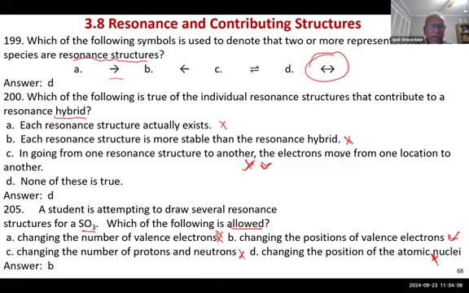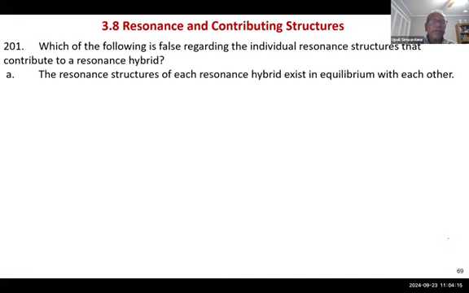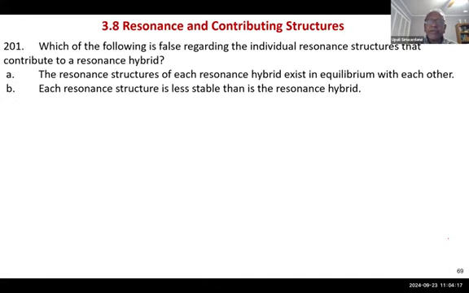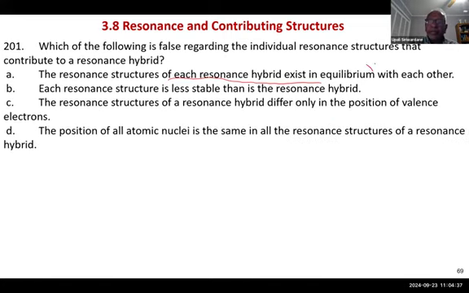All right. Which of the following is true regarding individual resonance structures that contribute to a resonance hybrid? This is not true. They are not in equilibrium. They are our concepts. Each resonance structure is less stable than the resonance hybrid. Resonance structures of the resonance hybrid differ only in the position of valence electrons.